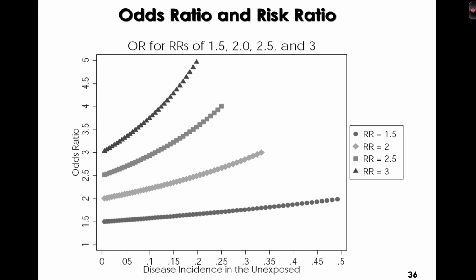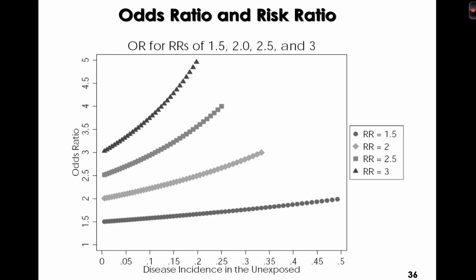So if you look on the far left where the disease incidence is 5% or 10%, those odds ratio dots are pretty close to the specified risk ratio for each group of dots. So the risk ratio of 1.5 are the round dots, and over by values of 0.5 and 1, they sure are falling very close to 1.5.